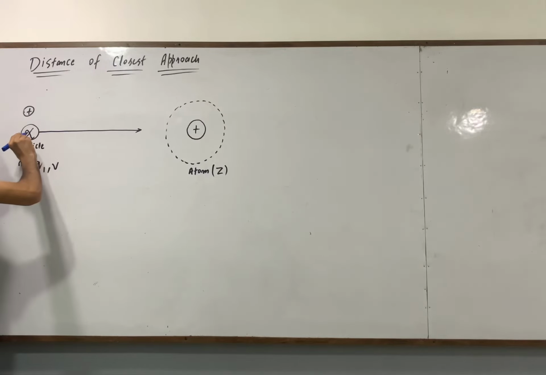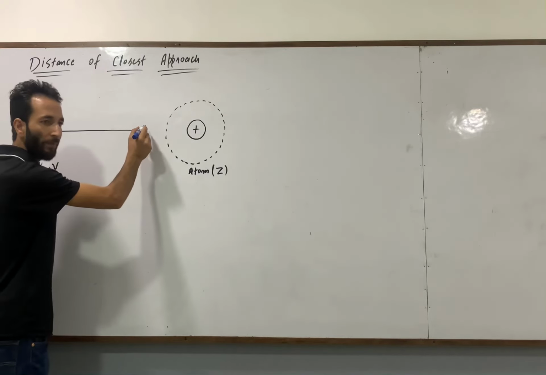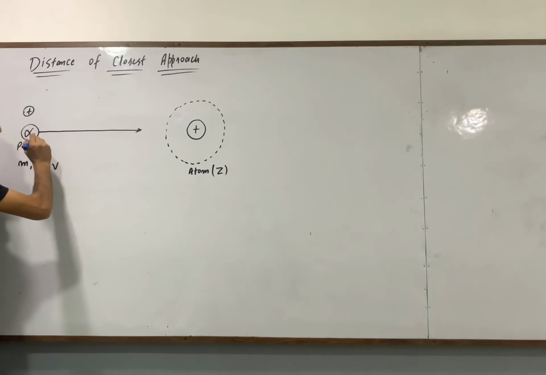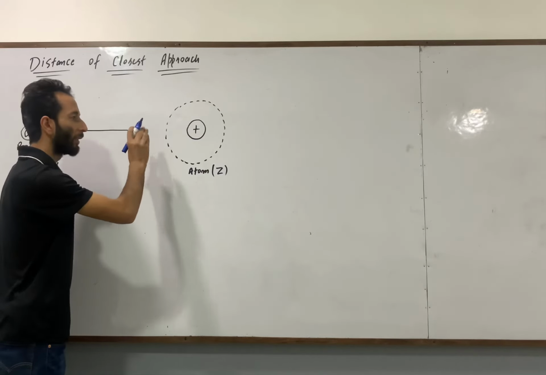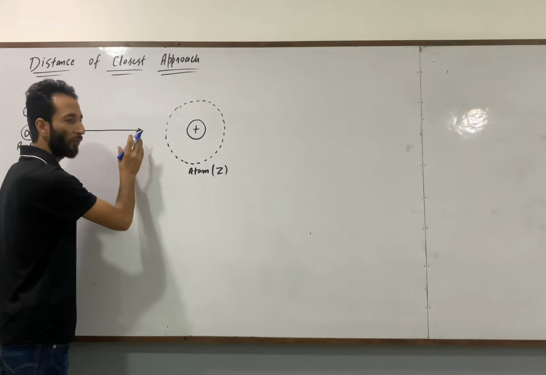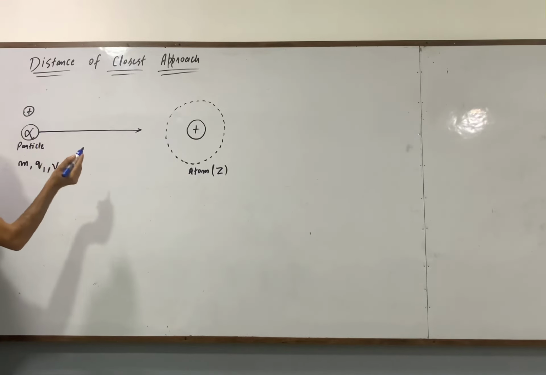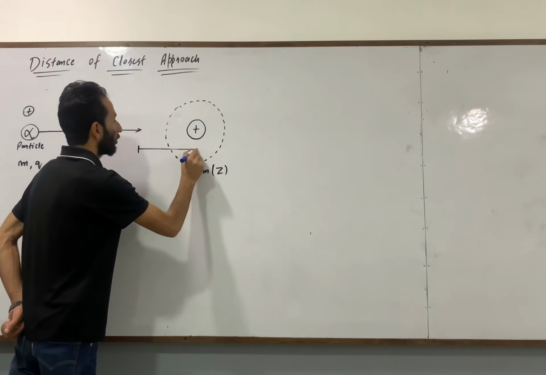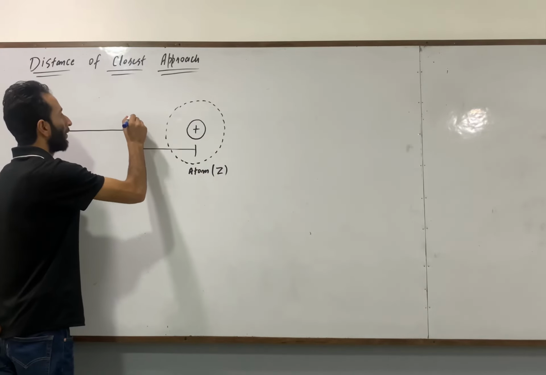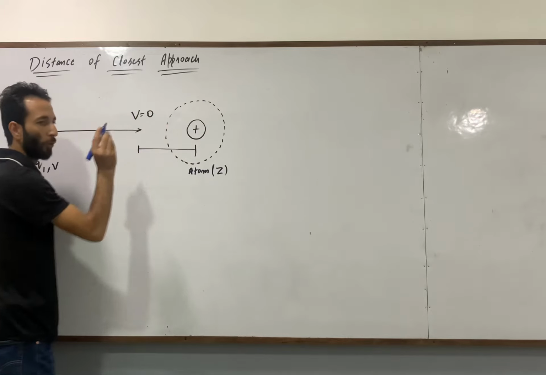As this alpha particle approaches the nucleus of the atom, its velocity will continuously decrease, because the closer it goes towards the nucleus, the more strongly it will feel repulsion from the nucleus. There will be some distance from the nucleus where the velocity of the alpha particle will become completely zero.